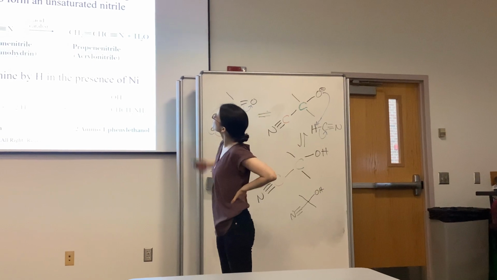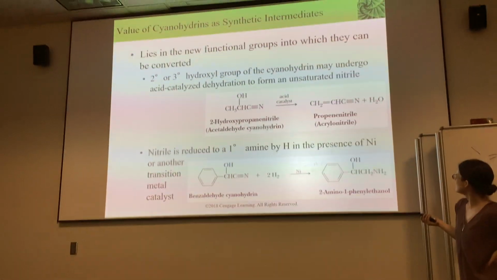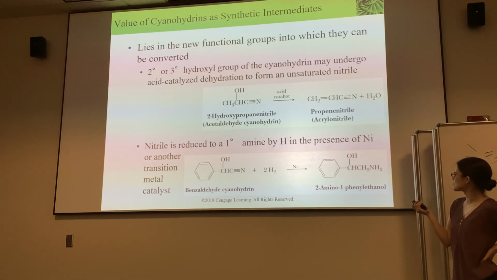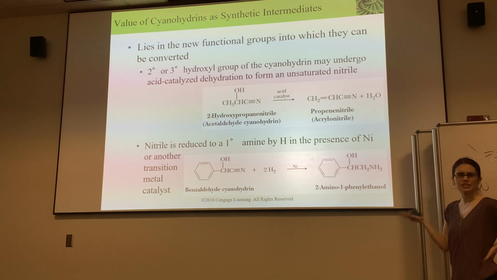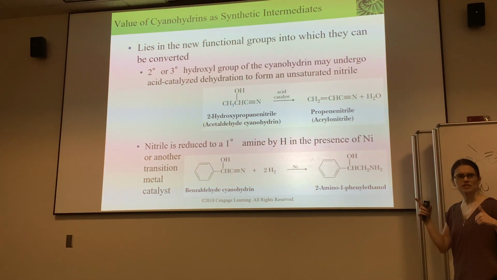Let's see. Nitrile is reduced to a primary amine. Okay, yeah. So you know the nice way that we get rid of double bonds, right? You can use nickel and hydrogen gas to hydrogenate carbon-carbon double bonds.